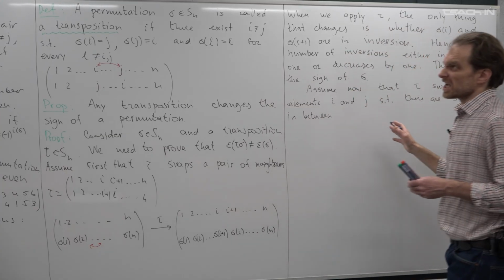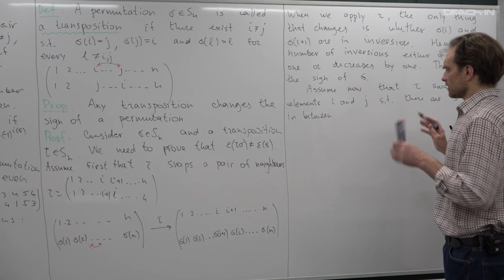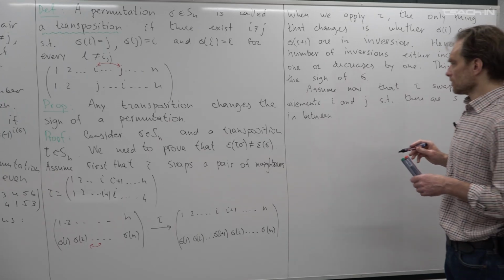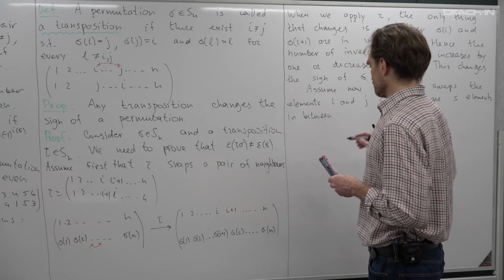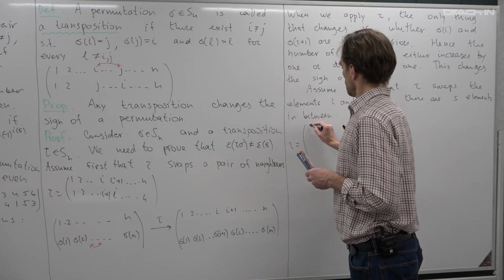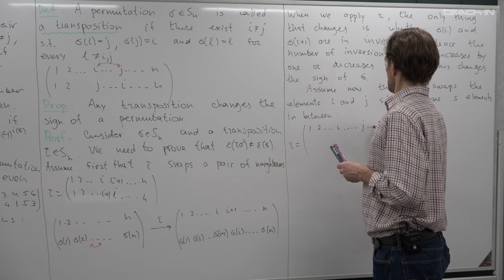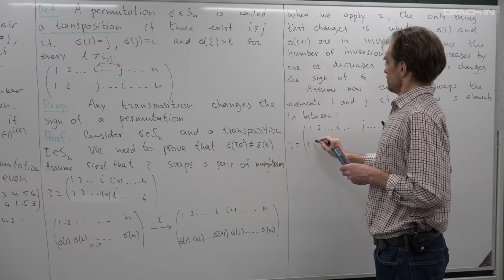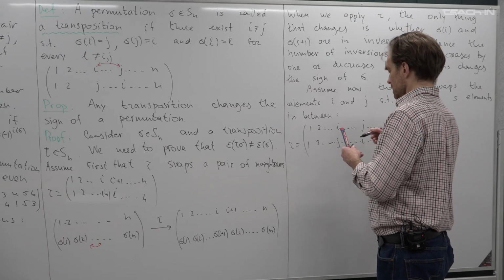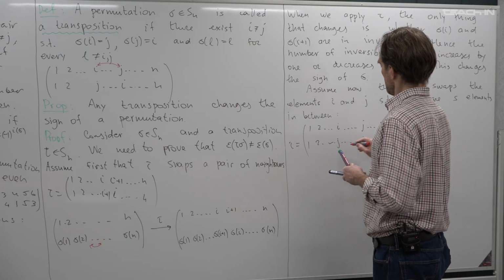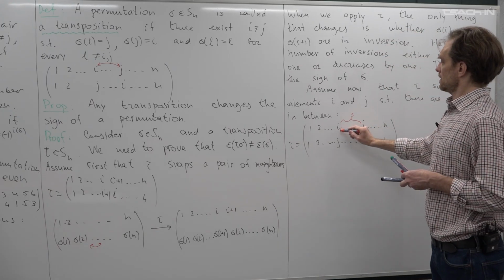So j is something like i plus s plus 1, but that's not essential. So tau has the form 1, 2, etc., i, j, n mapped to 1, 2, etc., j, i, n, and we have s elements in between.